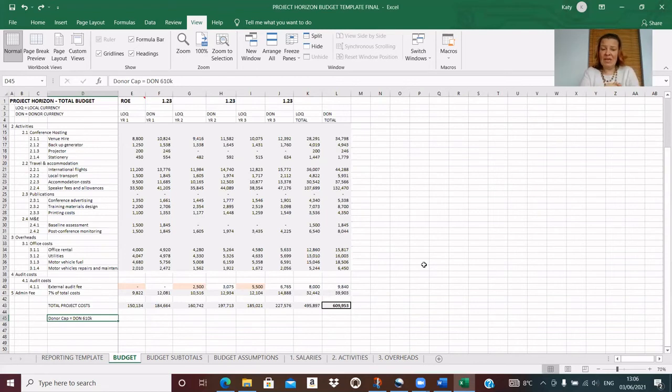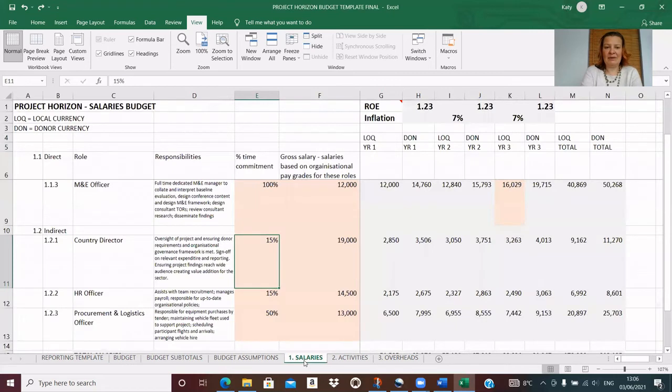So for example, if our cap had in fact been 600,000 and now we're 10,000 over budget, we can go back and start looking and critically assess what we would need to reduce. So for example, let's say in this case that we start having a look at salaries, and in fact, reluctantly we say, I think the country director is not going to have 15% of their time to invest on the project.